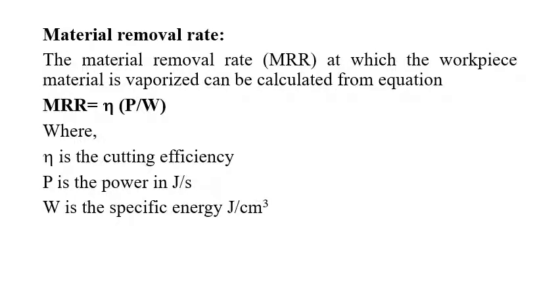And similarly, when W increases, the material removal rate decreases. Why? Because material removal rate is inversely proportional to W, that is specific energy. Okay, material removal rate is directly proportional to nu, cutting efficiency, as well as P, power, and inversely proportional to W, that is specific energy.